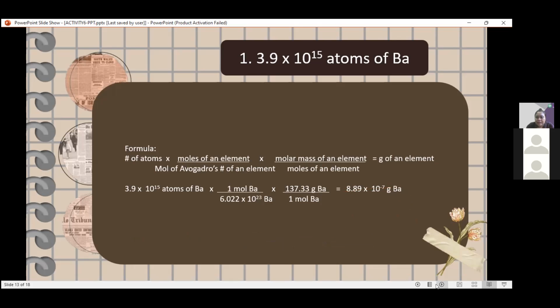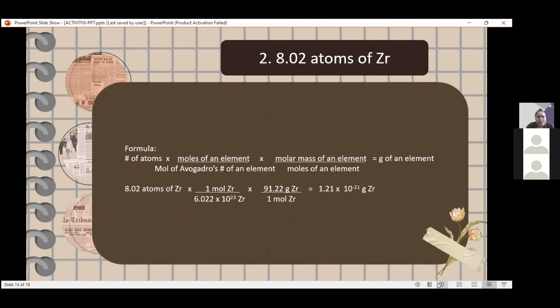Right? Next. So for number 2, this is 8.02. Konti lang. So ang grams nito, konti lang din. 8.02 times 1 times 4. This is zirconium. Oh, wait. Zirconium is 91.